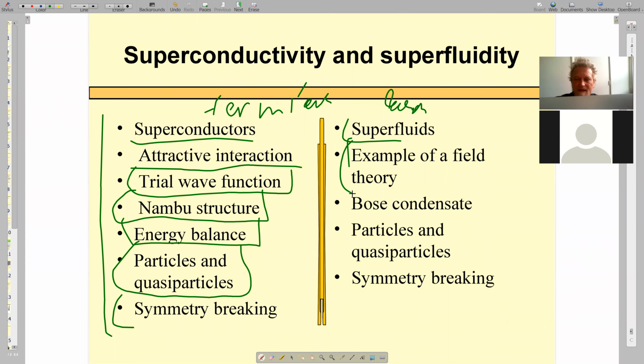I still would like to have an example of field theory, where you just have field operators, nothing but, and that provides us an excellent example for this. Fine. The same, there will be condensate and superfluidity, and we will talk about particles and quasi-particles and symmetry breaking. Good. So today we will have the super lecture about super phenomena.